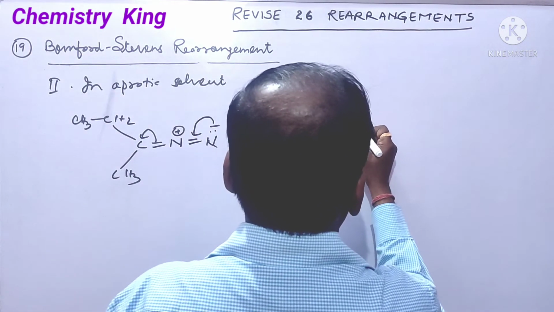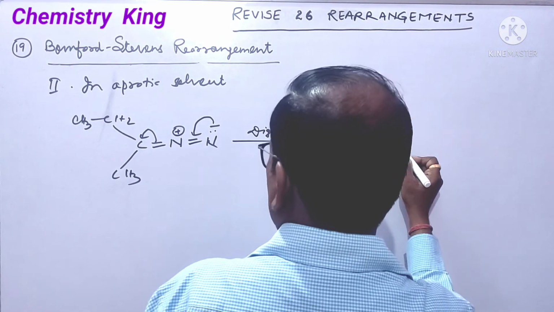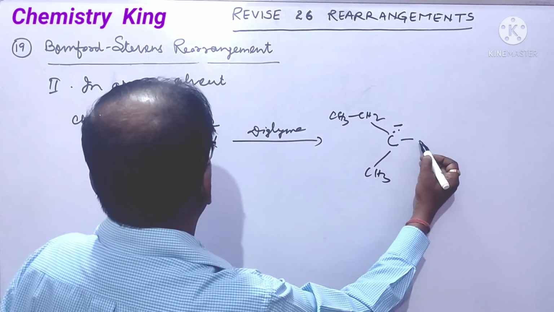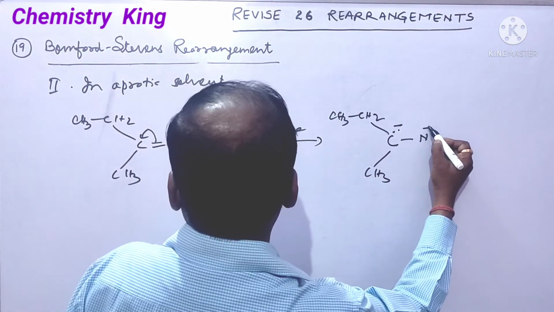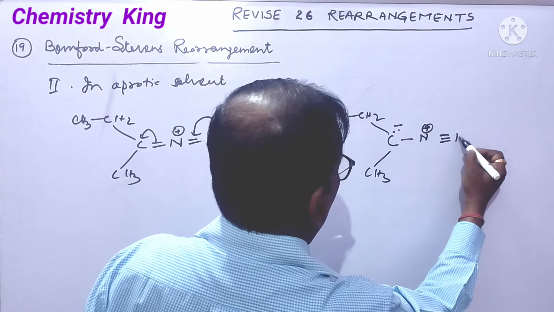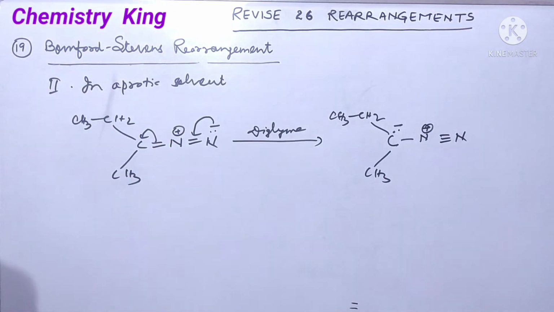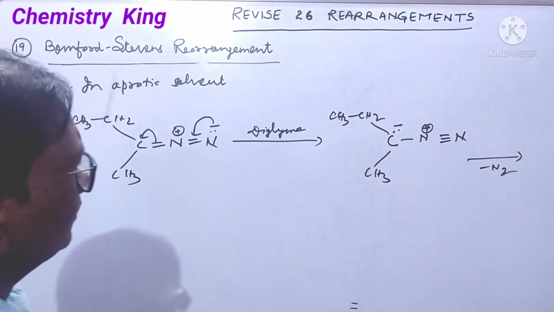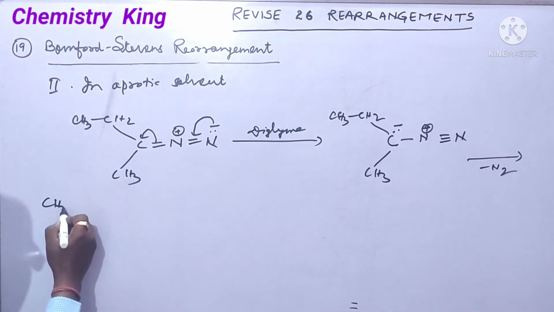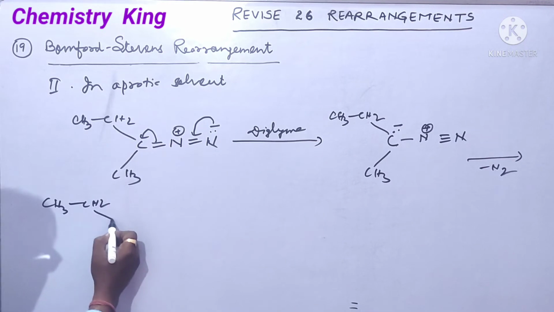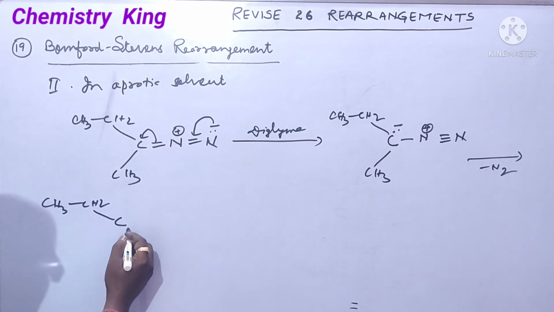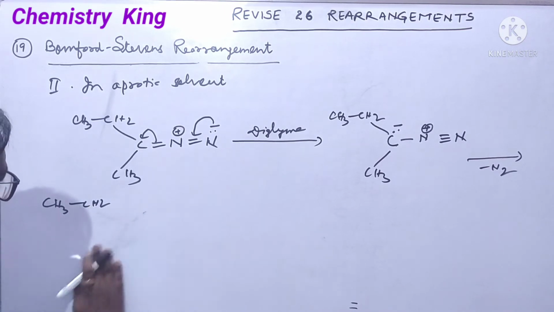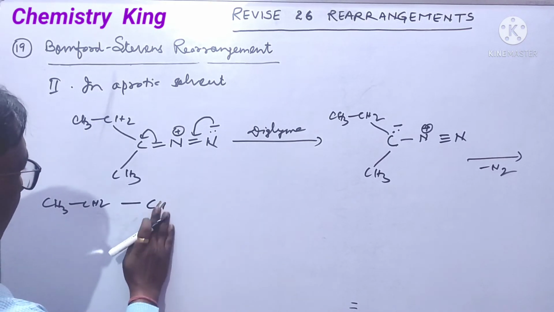And you will get CH3, CH2, C, CH3 minus, N plus triple bond N. Now, nitrogen gas is eliminated and you will get carbene, CH3, CH2, C, CH3, right?